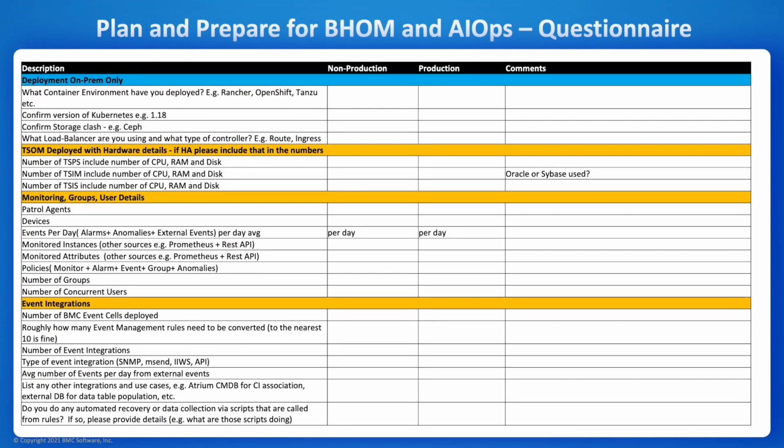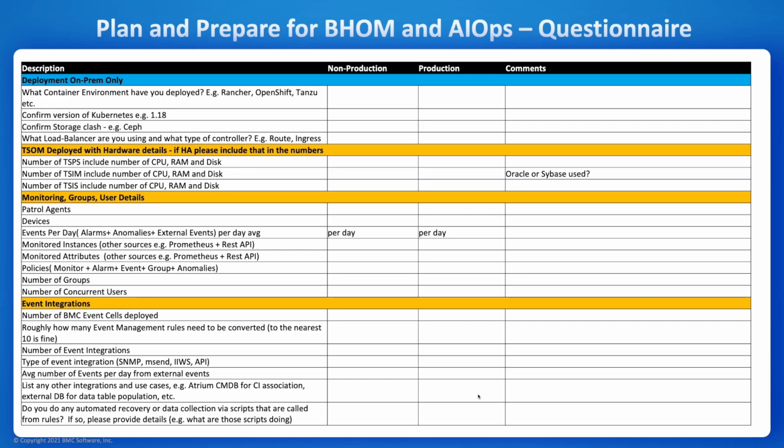To get a good understanding about the current state of the TrueSight environment, we have the health check tool, which we've already been talking about, and we're going to take a small look later on. But we also have our best practices on collecting data from customers. And one of these parts is the questionnaire that we send out to customers.